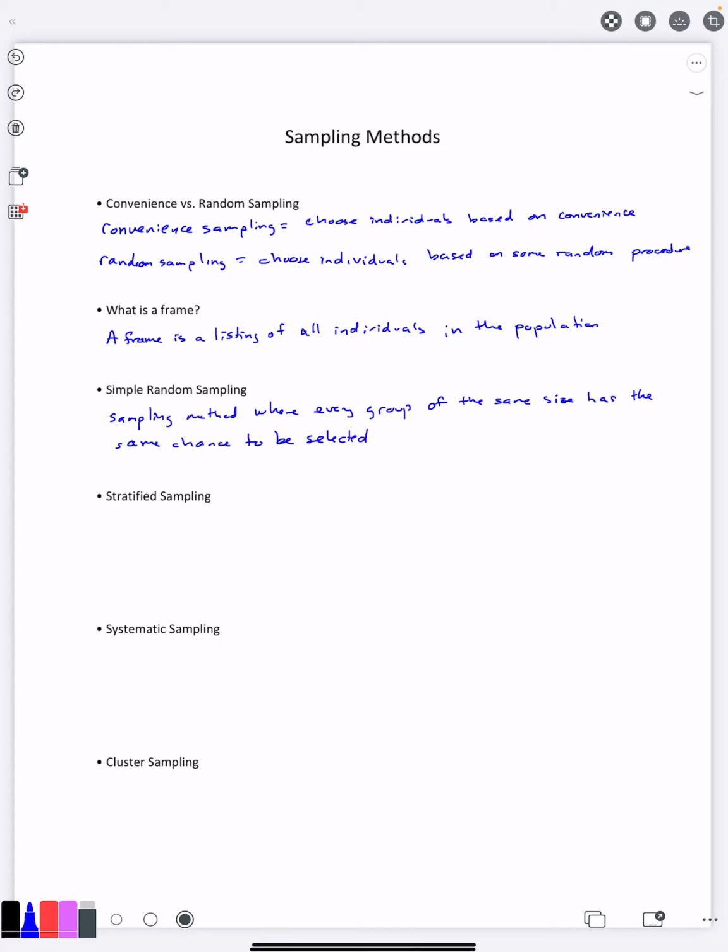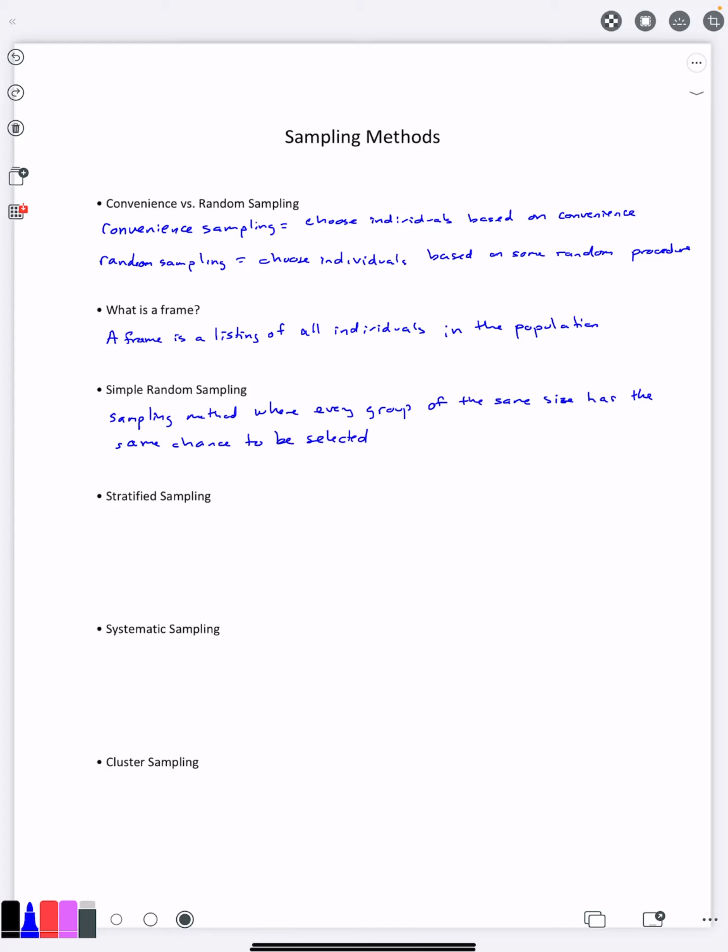So let's say you want 3 computers out of those 100 to be picked for your sample. If you're doing simple random sampling, then any group of 3 computers is going to work. Okay, so that's simple random sampling, and again, that is the best mathematical method.